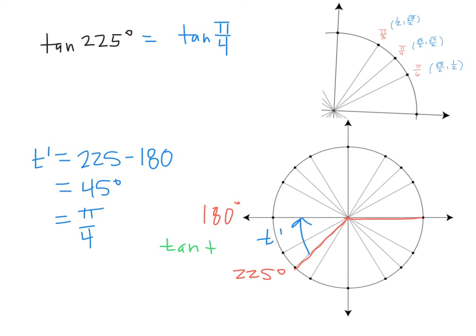So tangent 225 is going to be the same as the tangent of its reference angle. All right, so tangent is going to be y over x. So taking y, square root 2 over 2 over x, the same thing, square root 2 over 2, we end up with 1. So tangent is 1.